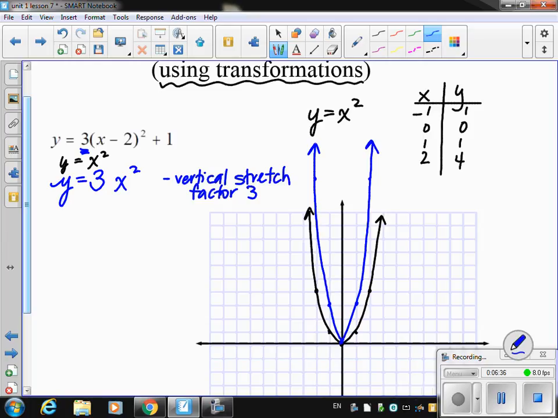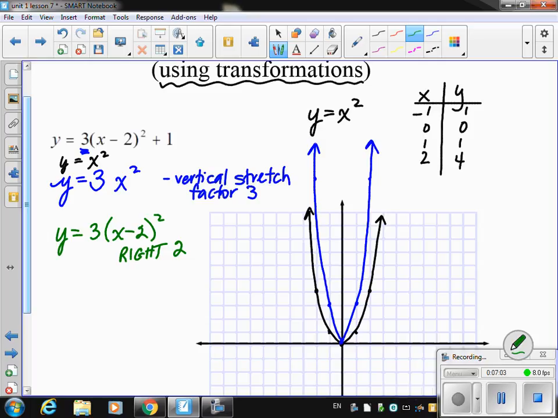step pattern. The next one that I'm going to do, because I'm working left to right, is including the 2 in the brackets, which is a horizontal change, and it is to the right 2. So I am taking my blue parabola and I'm moving everything to the right 2.